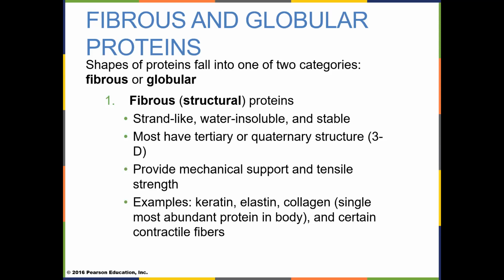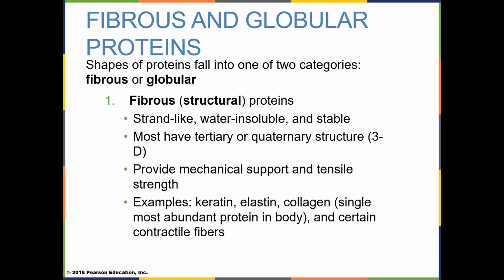They're very, very stable. We find them in keratin, the waterproofing protein in our skin, and elastin, the elastic protein in our skin. Going to have lots of alpha helix in there too, because tertiary structures are made up of both alpha helix and the beta pleated sheet.